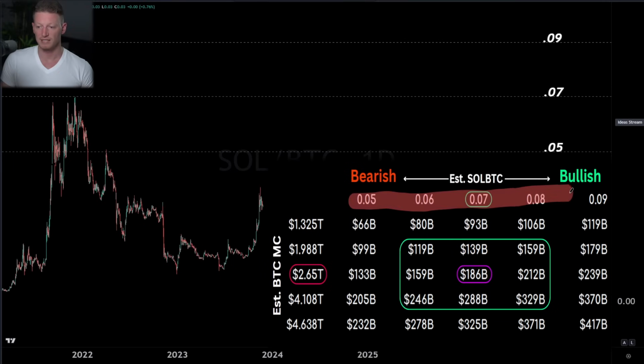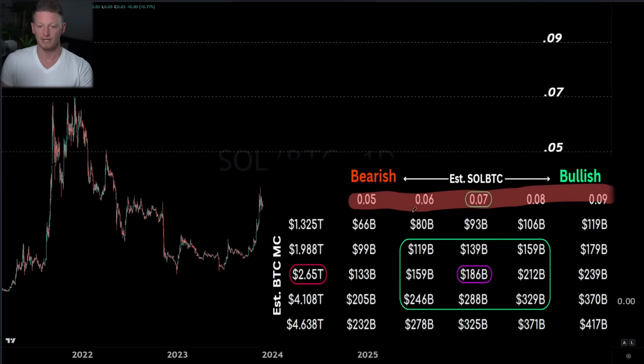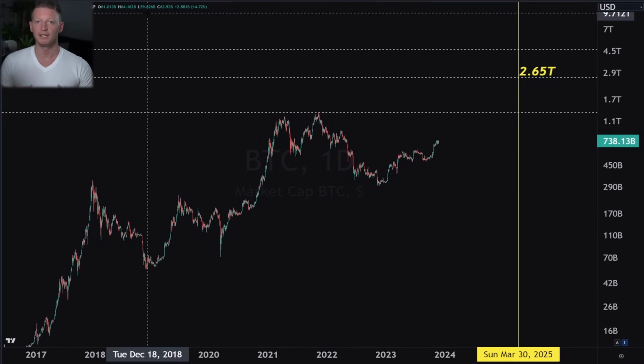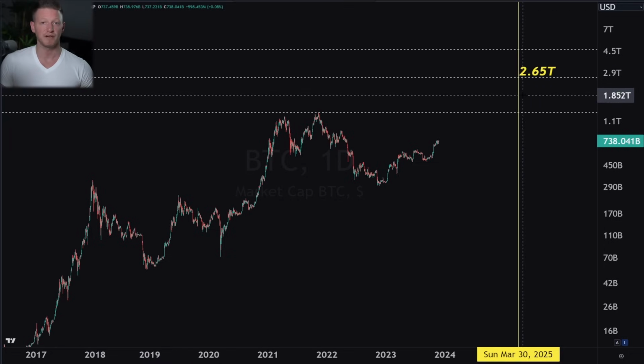And now remember, that's these values here, and that corresponds to these values right here. Okay. And remember, we said all the way back here that we're using that $130,000 Bitcoin as our base kind of bull market peak for Bitcoin in the next market cycle, which corresponds to a $2.65 trillion Bitcoin market cap.